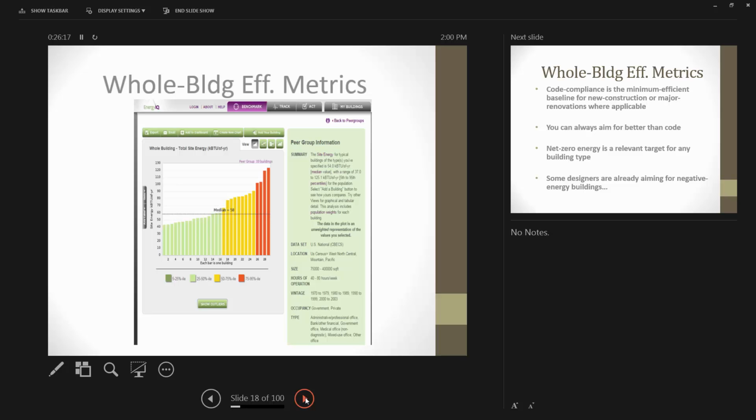While it's not going to be exact dollar for dollar, you can get a pretty good comparison of the overall BTU load of the building and what the operational cost is going to be.